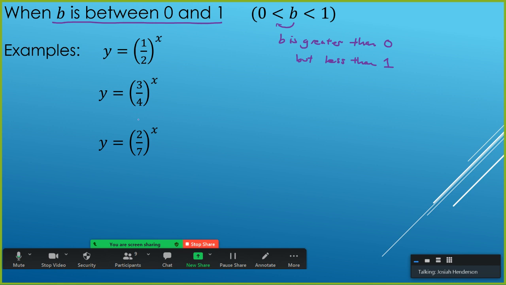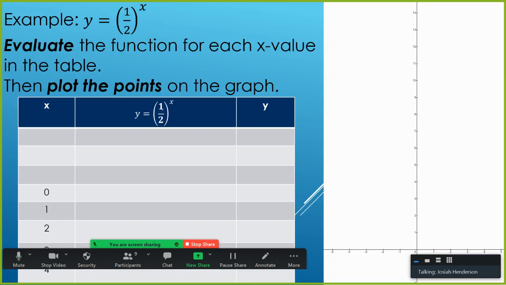So what happens when we graph an exponential when it's a fraction base instead of a whole number like we've used so far? Let's graph the parent function for this, just like we did yesterday, y is equal to 1/2 to the x power.